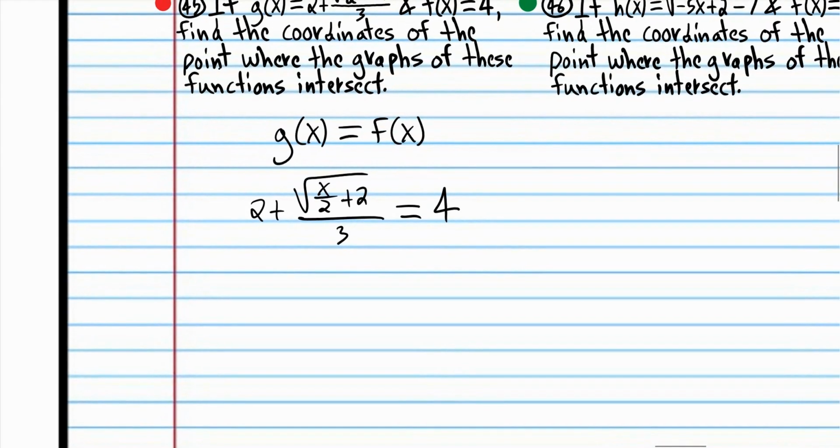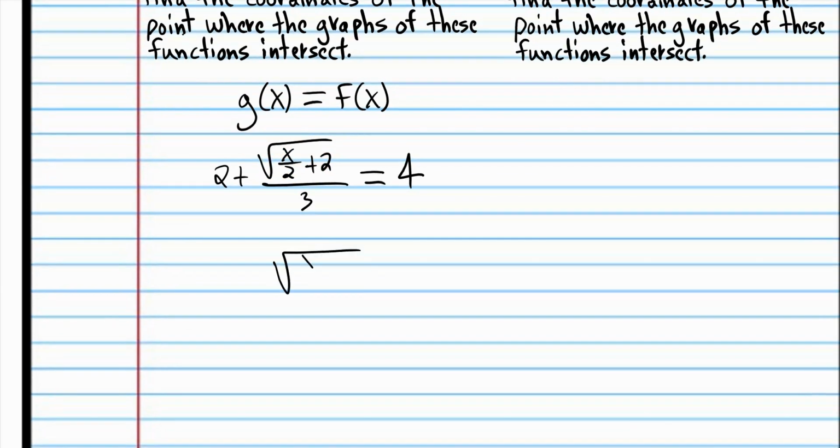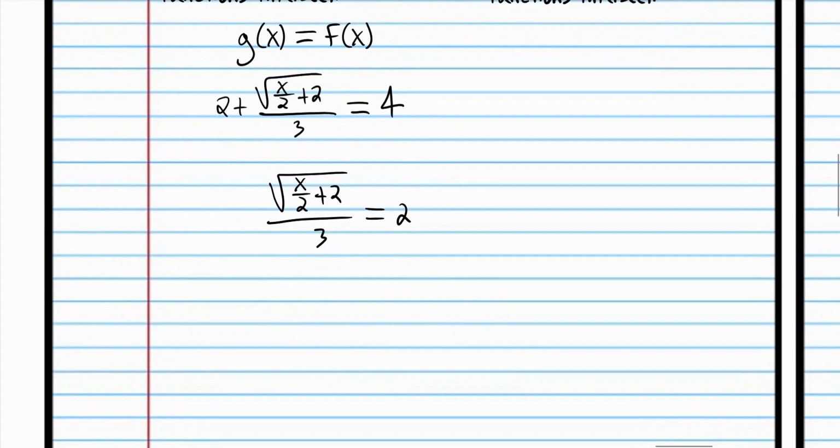So now all we have to do is isolate the square root symbol. So we're going to subtract 2 from both sides of the equation. Now we're going to multiply both sides of the equation by 3.